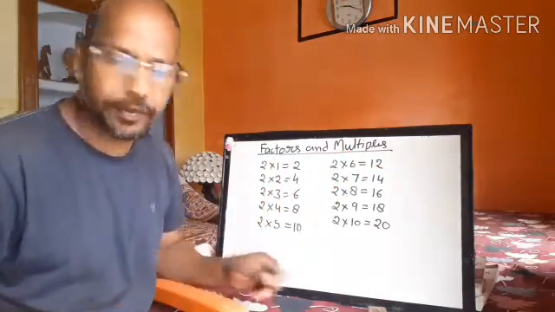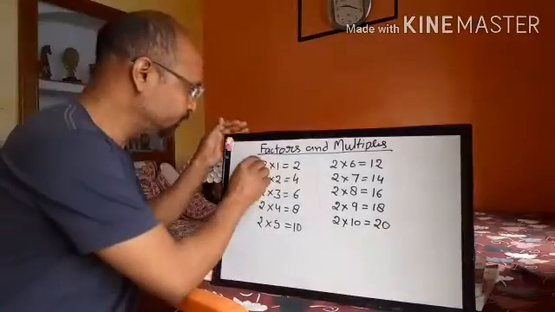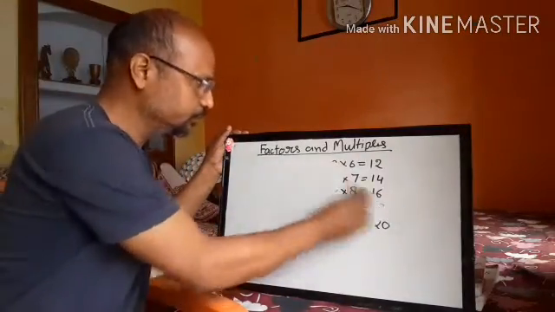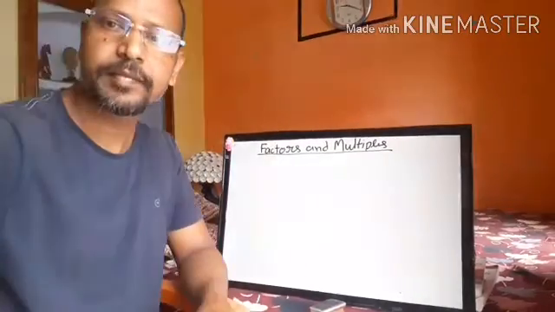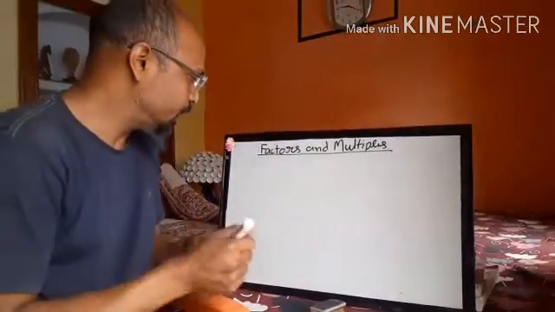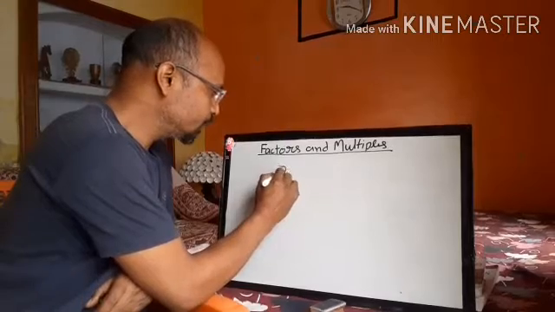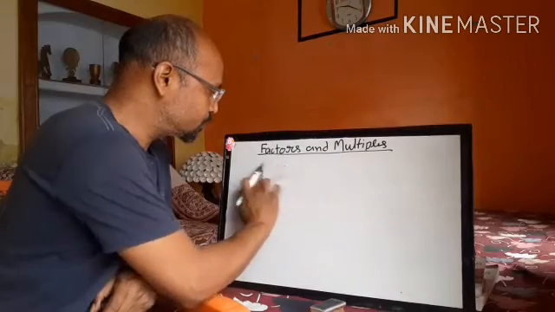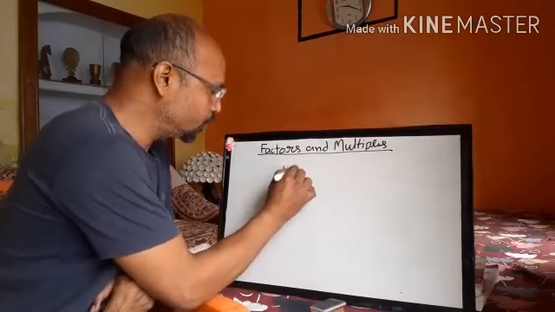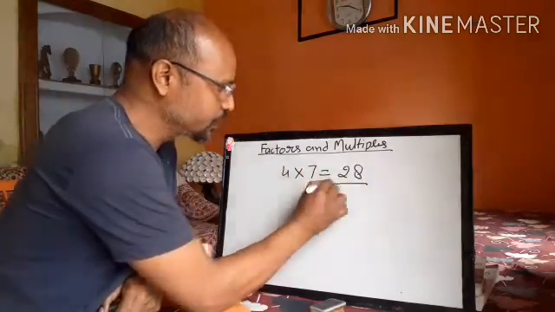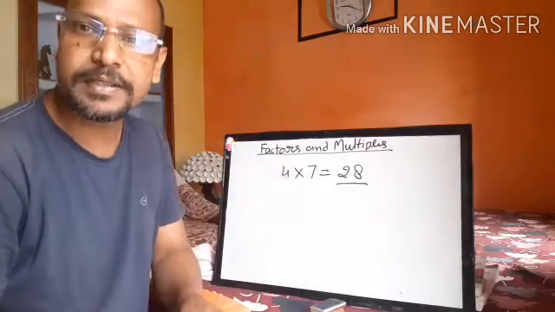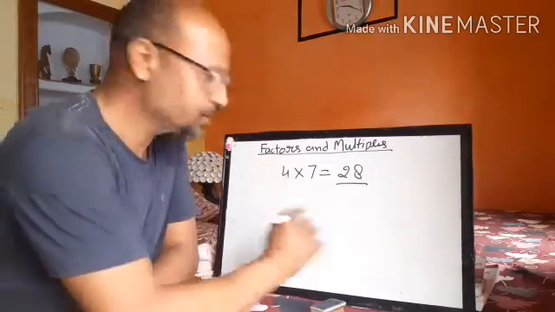So let's take one more example. Here 4 into 7 equals 28. So this 28 is the multiple of 7 and 4.